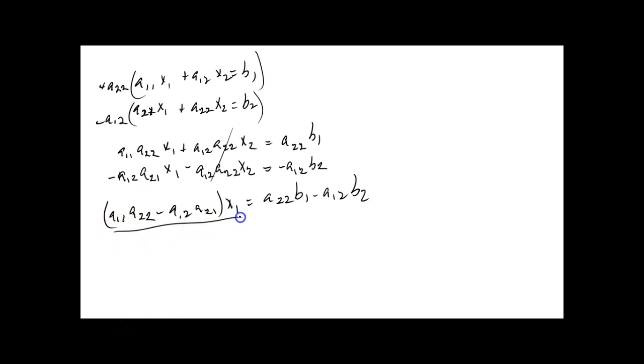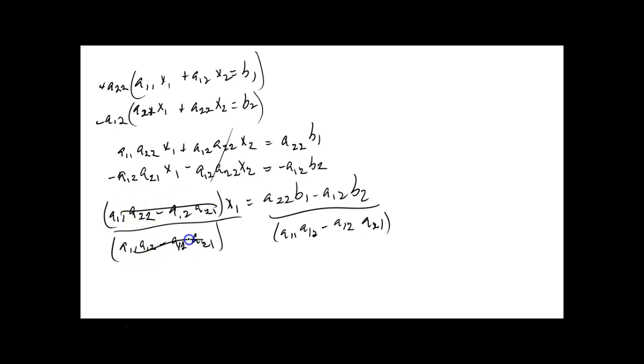Then divide both sides of the equation by a11 a22 minus a12 a21. I don't really need parentheses there, but I just put them. And you see what you've got here.